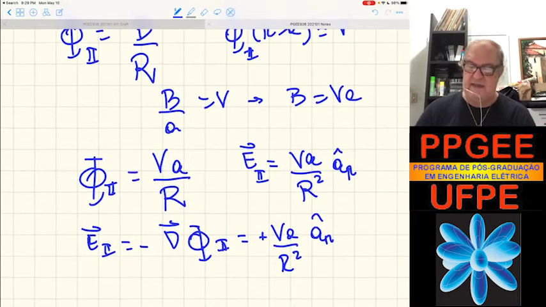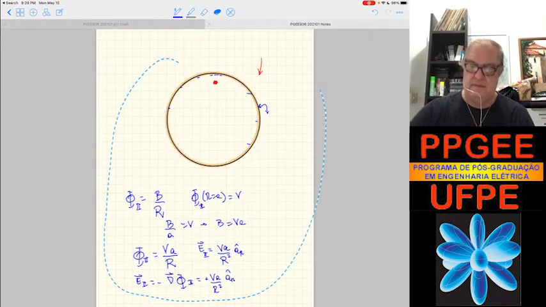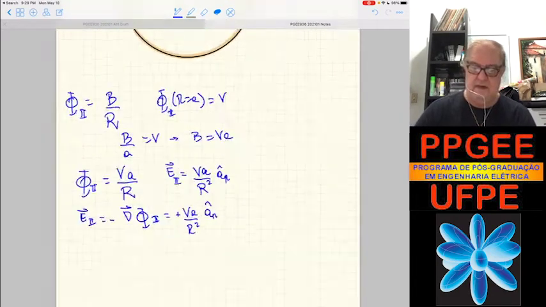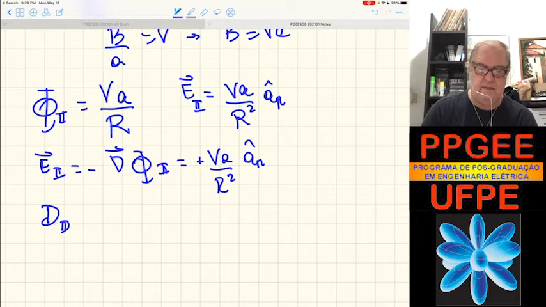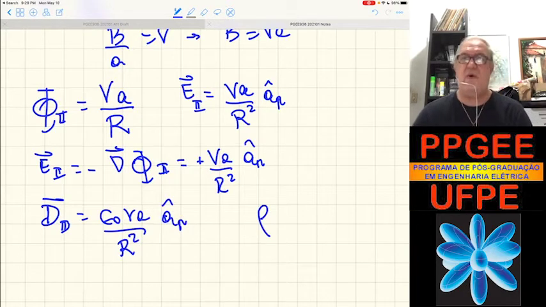The flux density vector is simply epsilon 0 E. And then we have the rho s, I'm going to say rho outside, right?